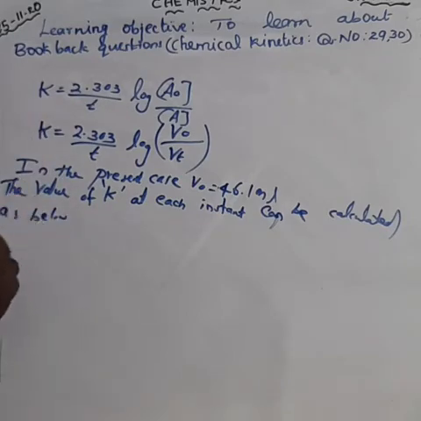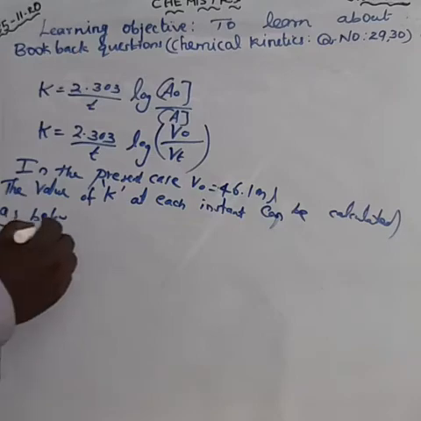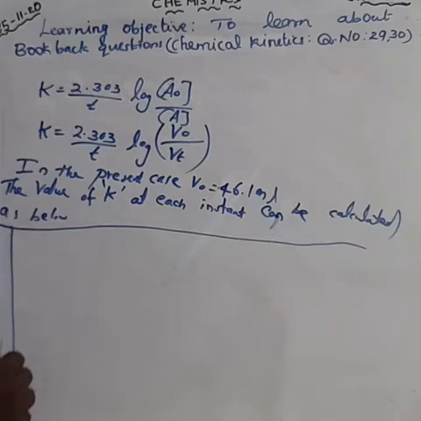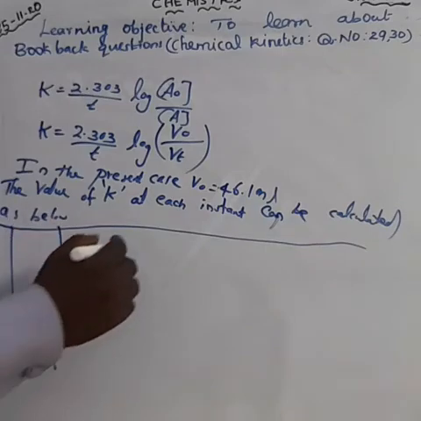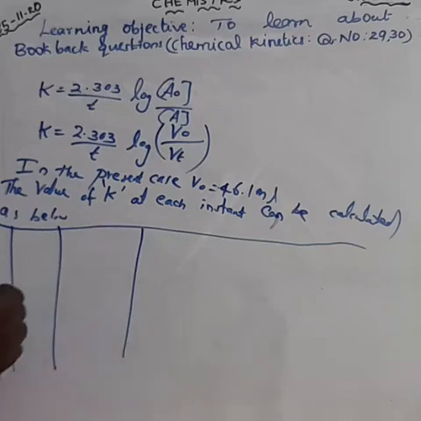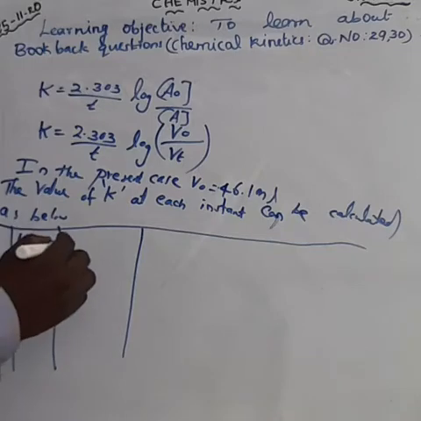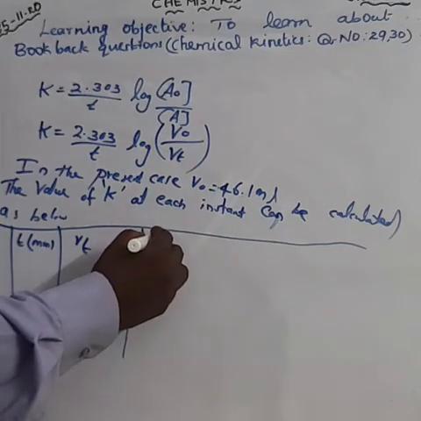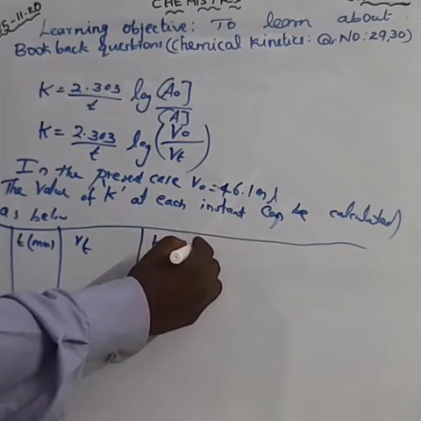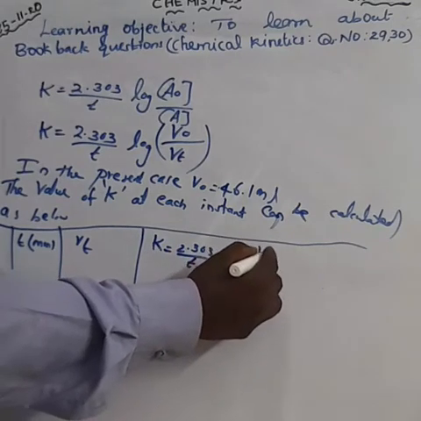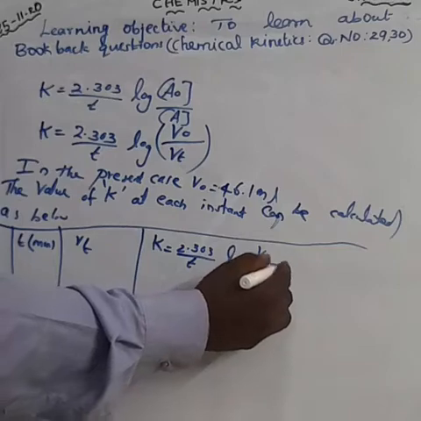First we make a table with columns: time t in minutes, Vt, and K is equal to 2.303 divided by t log of V0 by Vt. This is the formula.